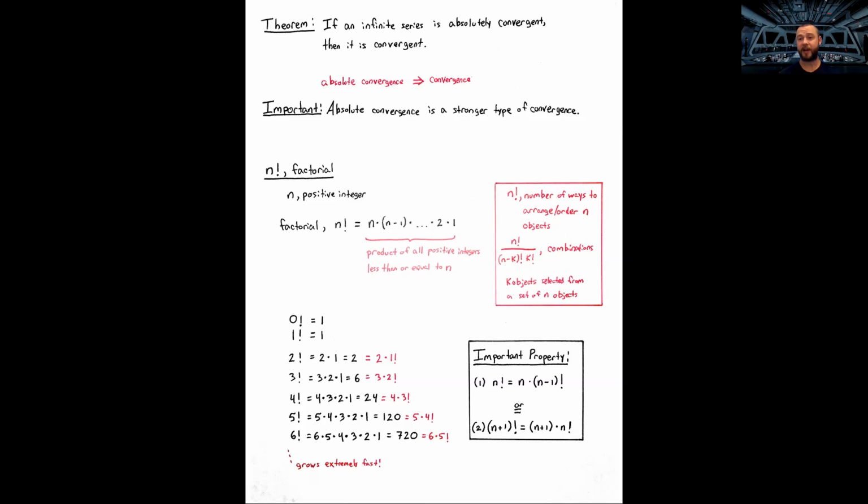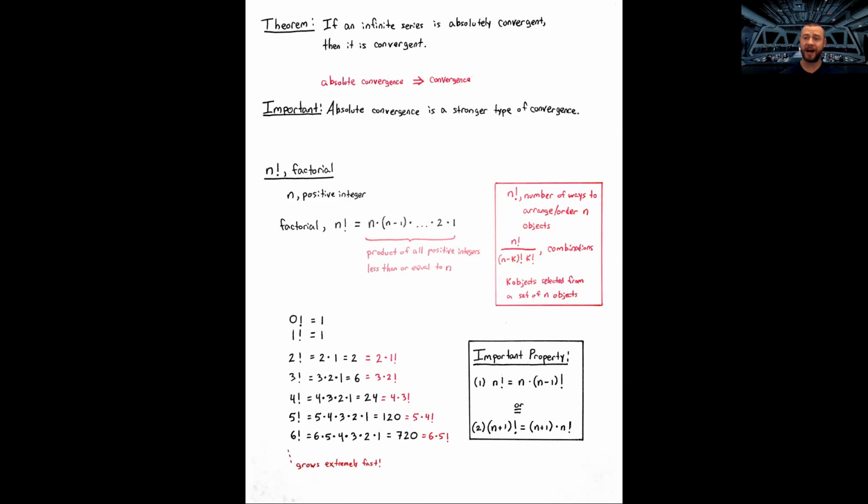What would come after n would be n plus 1 if we're thinking of ordering of integers. All right, so we have this important property that we're going to be using pretty much anytime we encounter factorials. And the first version is that n factorial, we can rewrite that as the integer n times the previous factorial, n minus 1 factorial. That's the first version stated there.